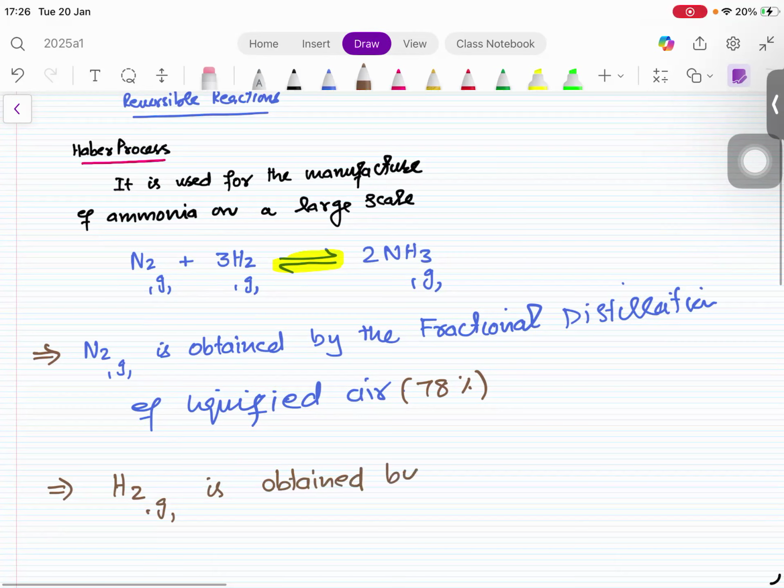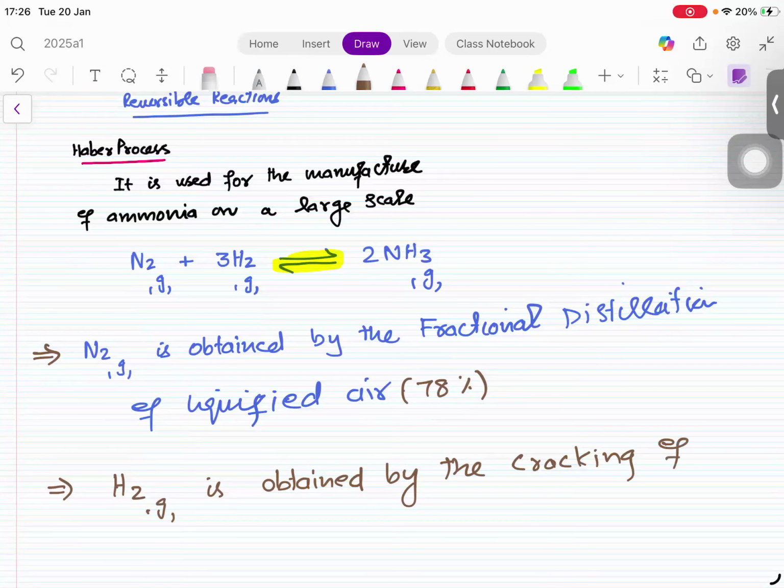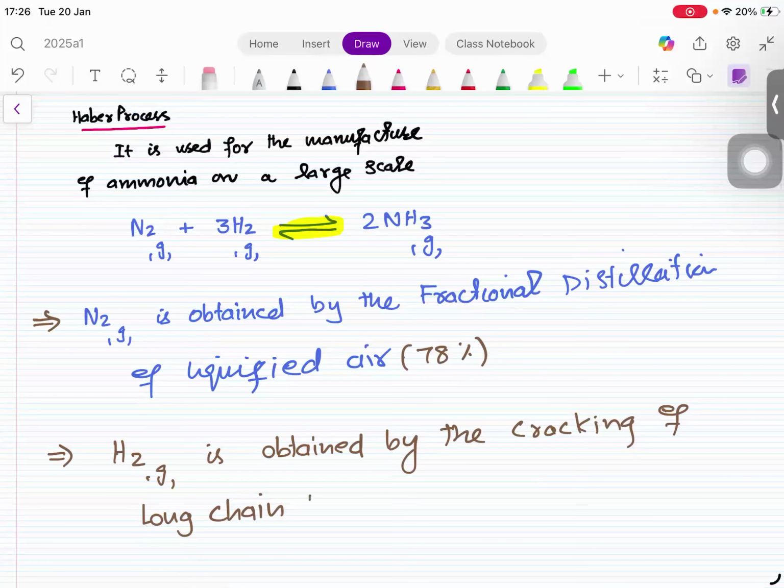by the cracking of long chain hydrocarbons. I'll explain in the next part when we'll be doing organic.